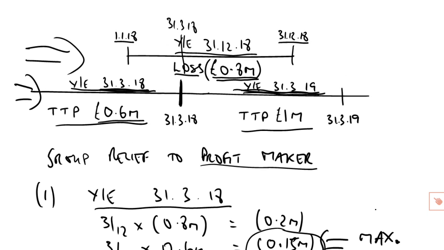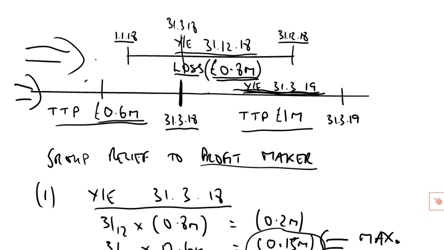Now, with our profit maker, I gave you the year ended the 31st of March 18 with a TTP of 0.6 million. Imagine now that instead of the year ended 31st of March 18 that we were dealing with, we know there is the accounting date, the 31st of March.